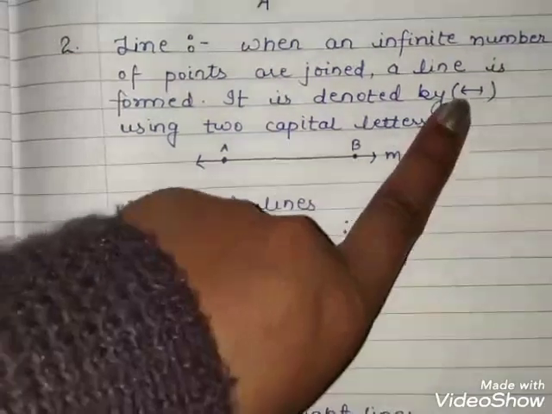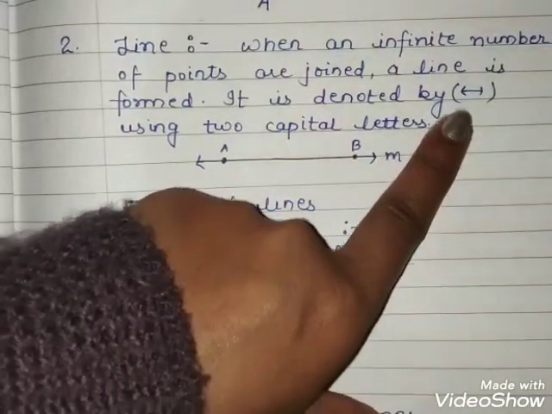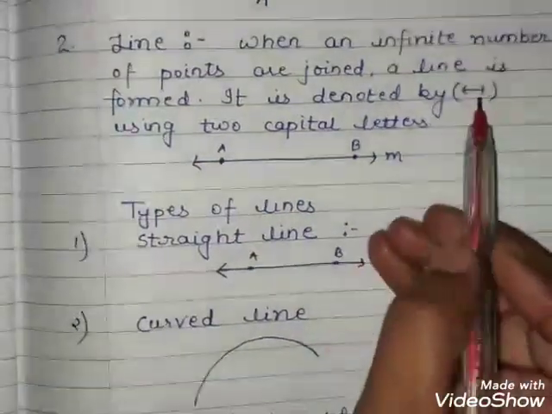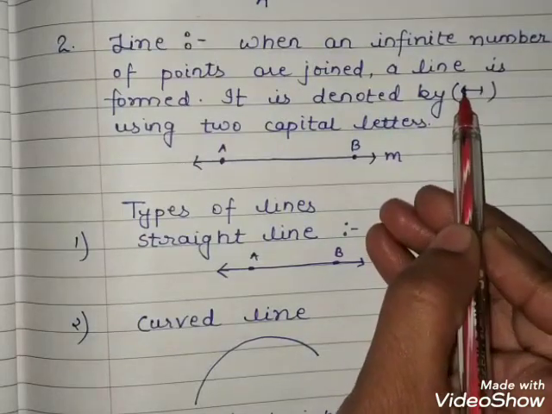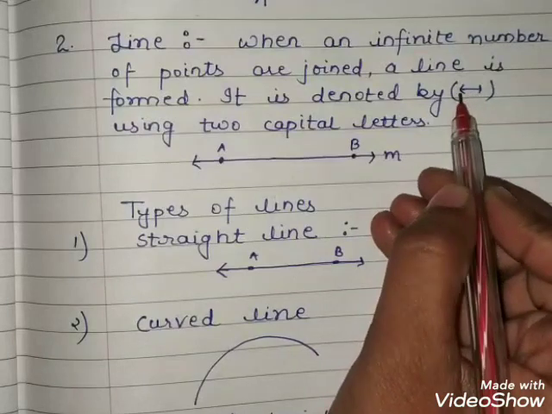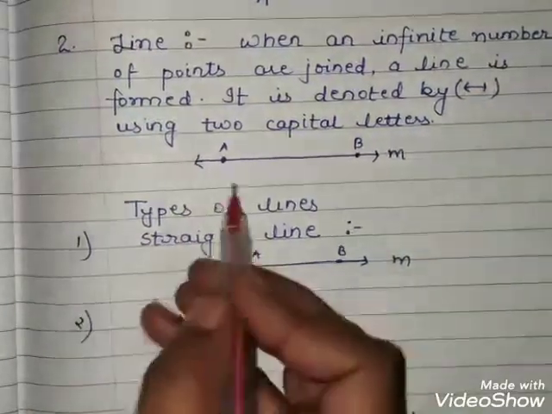This small symbol shows that a line can increase from both the sides, from the left side also and from the right side also, right?